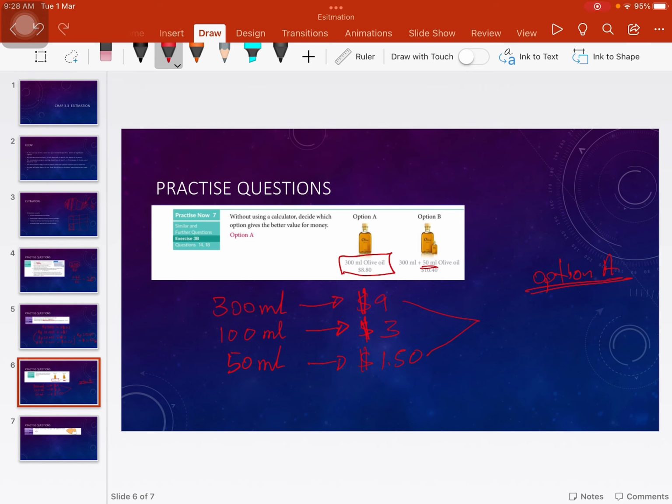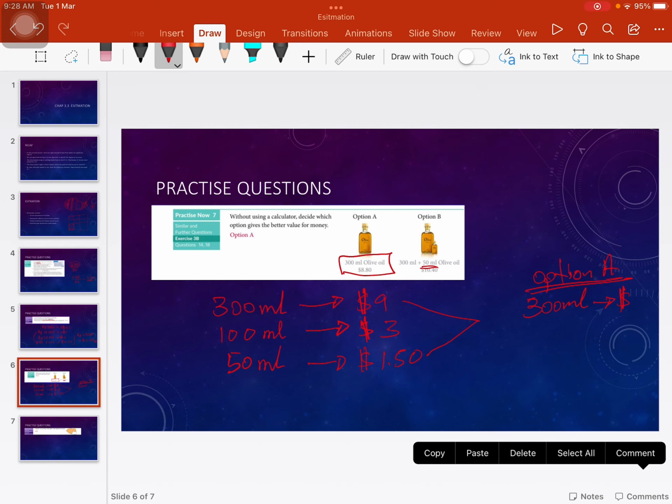the $9 here. Why? Because that will be an overestimate, correct or not? The actual value of option A for 300 ml is $8.80. So take that, add the estimation amount for 50 ml, which is $1.50.